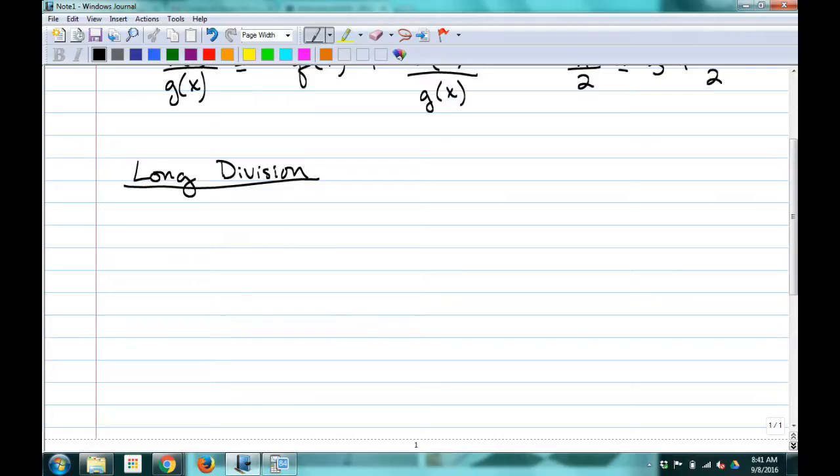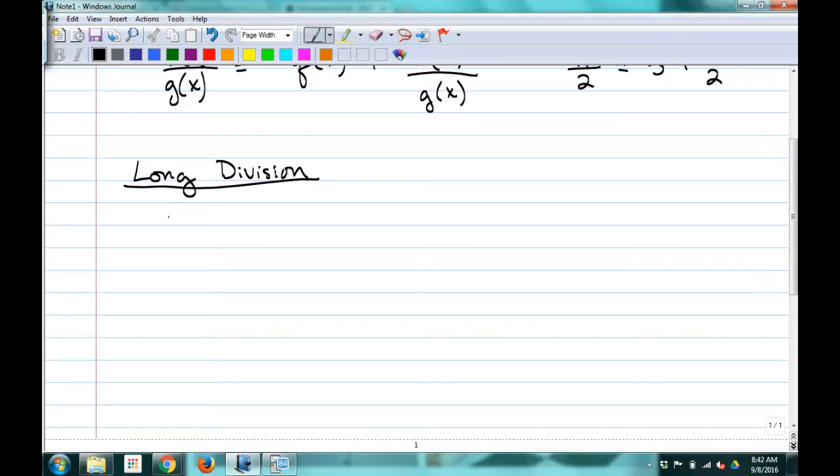We'll do a couple examples of long division, and then we'll do synthetic division, which is what we'll use most of the time anyway. Long division is very useful if you're not dividing by a linear function. If you're dividing by a quadratic or something like that, long division is what you have to use. But it's easiest to show using linear pieces.